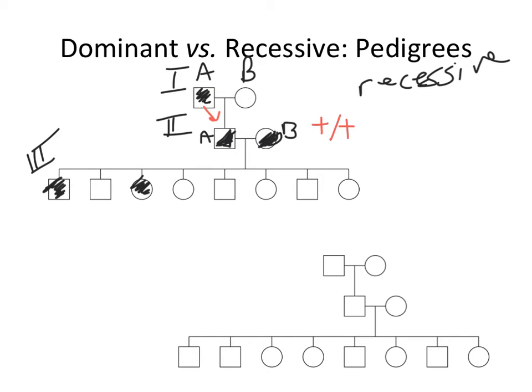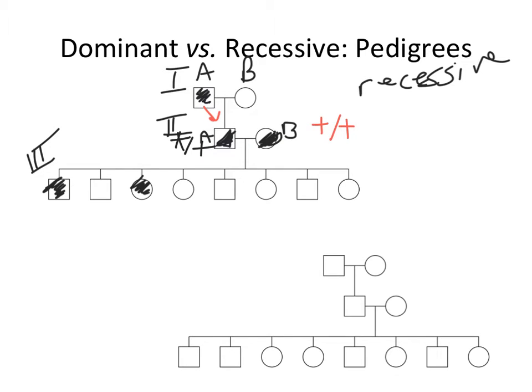If this is a recessive trait, let's say individual 2A is mutant asterisk over plus, wild type. So if those are the genotypes of the mom and the dad in generation 2, what are the genotypes of all their kids going to be? Do the Punnett square if you want.